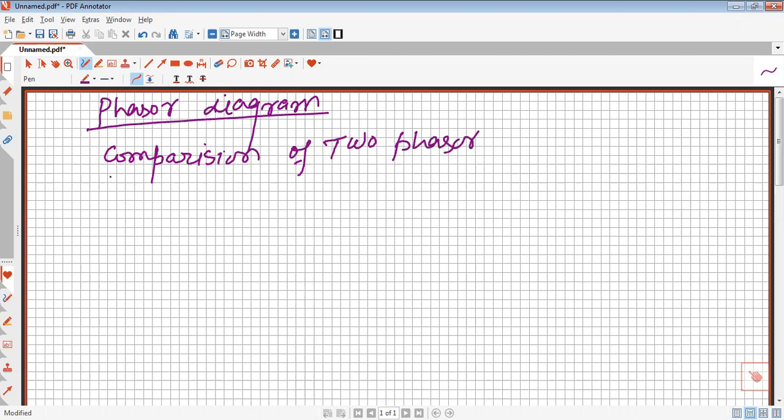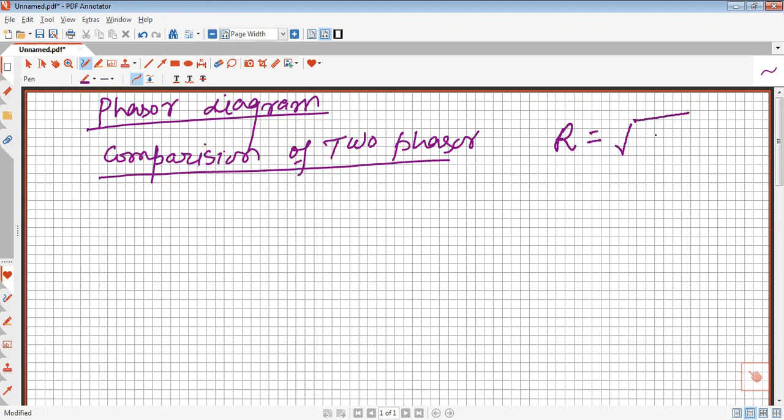One very important point came to mind: what is the phasor diagram? Here we will also see that phasors can be added or subtracted using the parallelogram rule, because we also find the resultant of two vectors, like this.